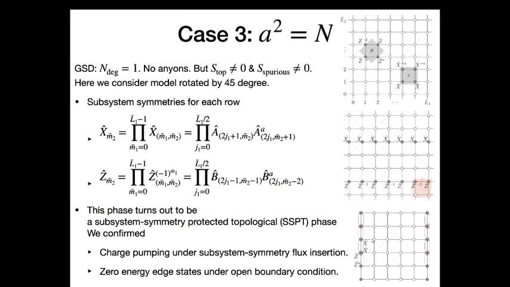In this case, for example, suppose that N equals 4 and A equals 2. Then N and A are not coprime with each other. In particular, A is a multiple of the radical of N. The radical of N is 2 in this case, so A equals 2.